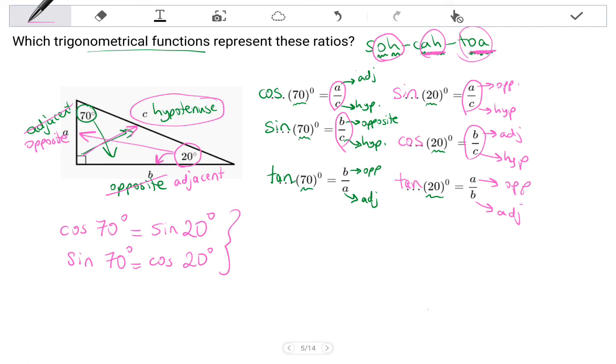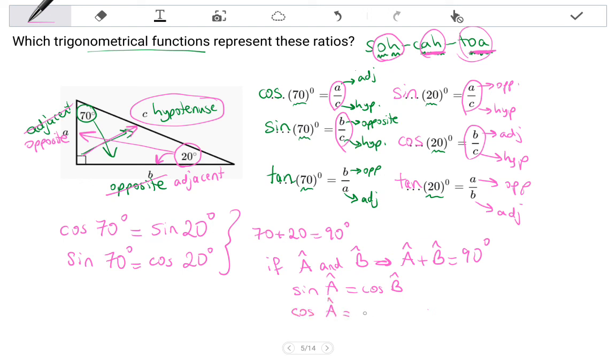Have you realized the relationship between 70 and 20? 70 and 20 together makes 90 degrees. And we can say that if we have two angles, let's say A and B, with a total of 90 degrees, sine of A equals cosine of B, and cosine of A always equals sine of B.